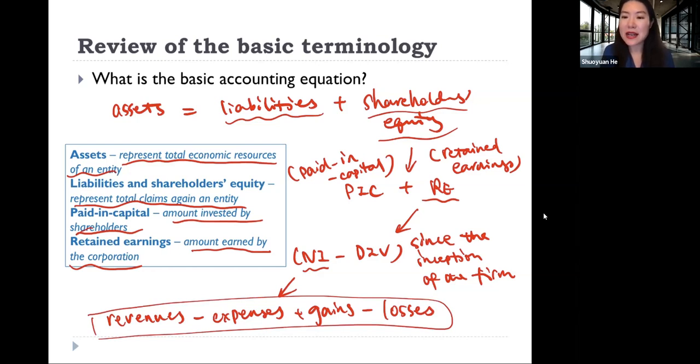Retained earnings is since the inception of the firm: every period, revenue minus expense plus gains minus losses, and then minus dividends. And for the next period, if the firm moves on to the next year, we add revenue minus expense plus gains minus losses to that again, and minus the dividends of the second year. So that is a stock idea since the inception of the firm. It's a cumulative number. So that is the basic accounting equation.